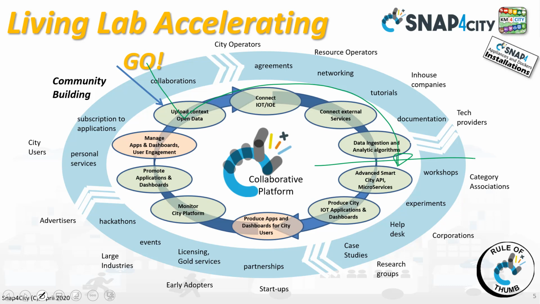In this period, after the data ingestion, you can start to develop your Smart City API application, such as production of mobile app and web app and dashboard for city users. And so it's possible quite rapidly, quite immediately to exploit the data and services that you have.